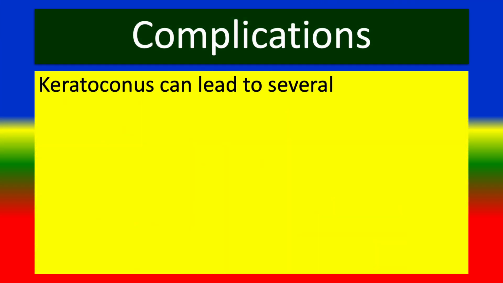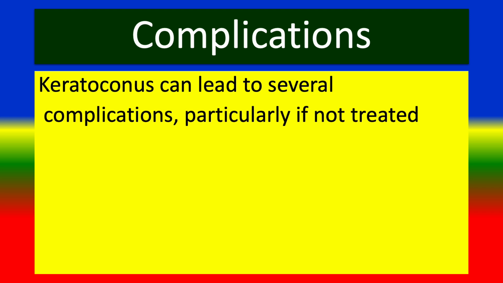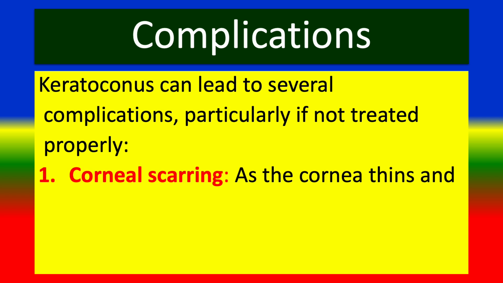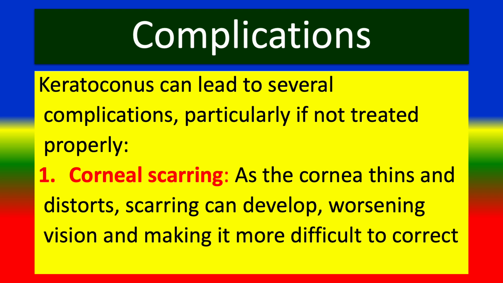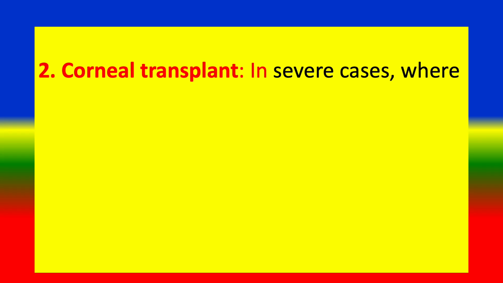Complications. Keratoconus can lead to several complications, particularly if not treated properly. 1. Corneal scarring. As the cornea thins and distorts, scarring can develop, worsening vision and making it more difficult to correct with lenses. 2.